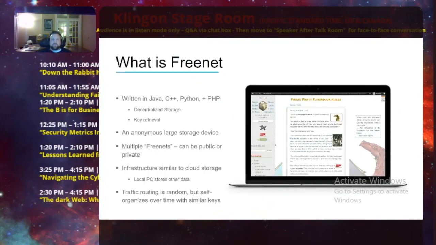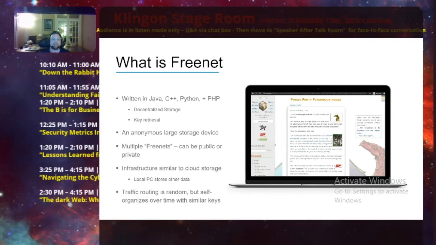So Freenet is written in a bunch of different languages. All Freenet nodes contribute a part of their hard drive space to store encrypted pieces of files or encrypted files. Those are stored in a data store directory in the Freenet installation directory. So very, very easy to find.